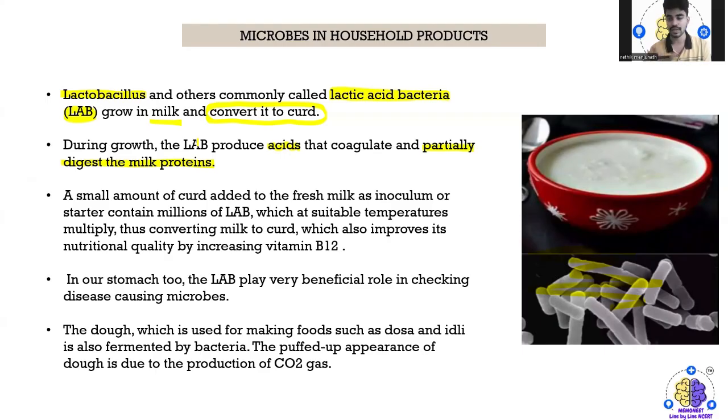How this whole process happens is, if you take a small amount of curd or an organism and inoculate it, or transfer it into some bigger medium, that small amount you have taken is called the inoculum. So a small amount of curd added to fresh milk is called the inoculum.